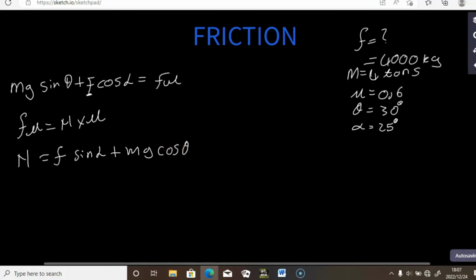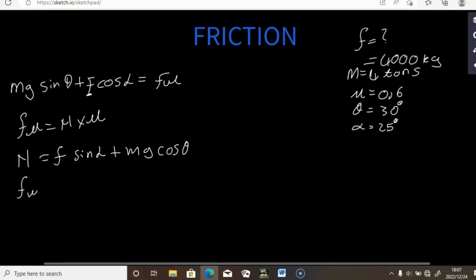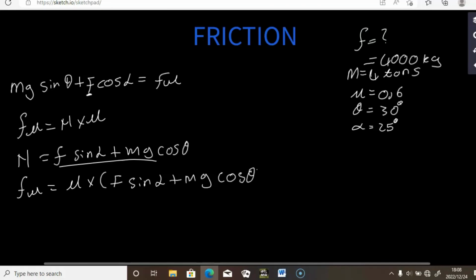What do we do from here? Frictional force is equal to mu, open bracket, in the place of normal reaction we put this: F sin alpha plus mg cos theta. We can now get rid of this.